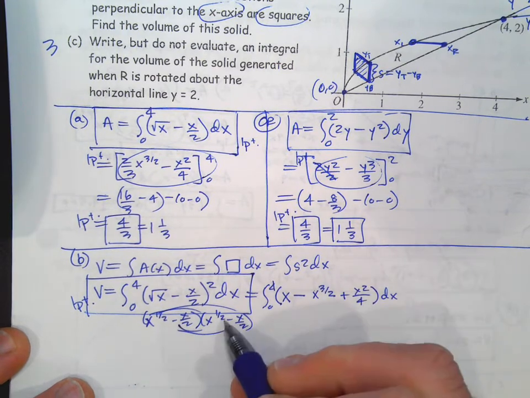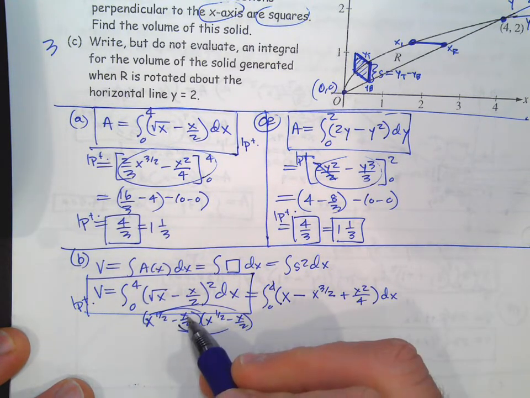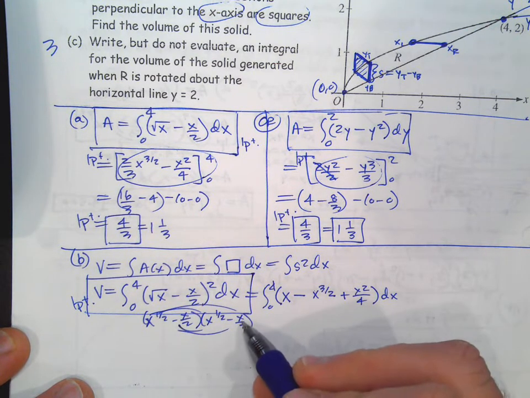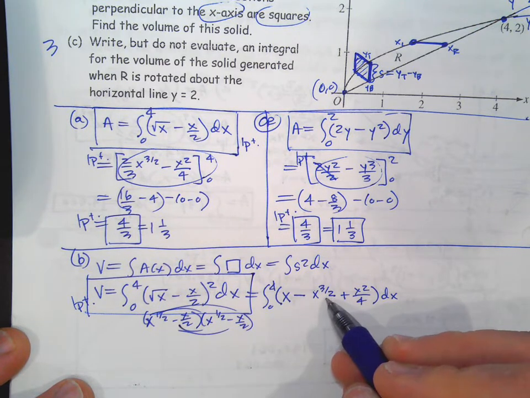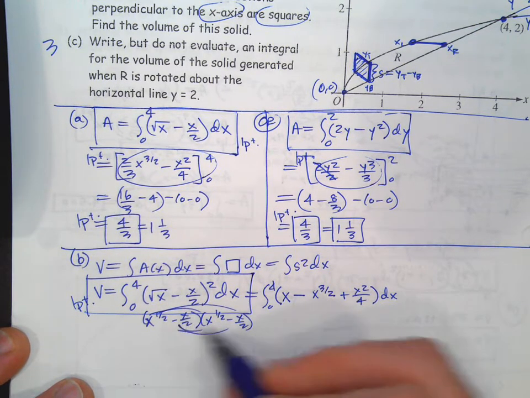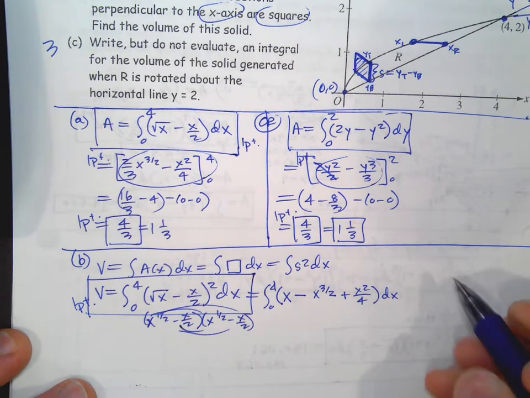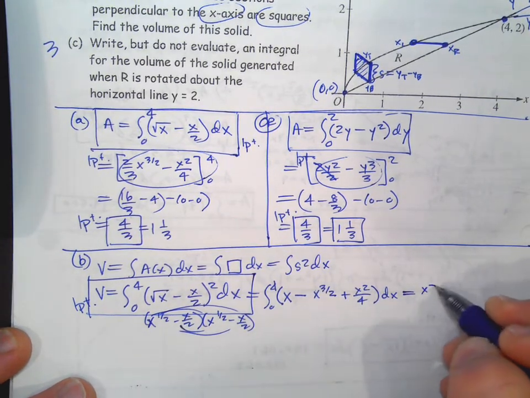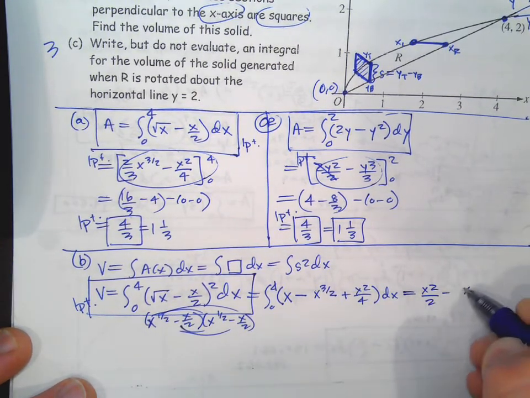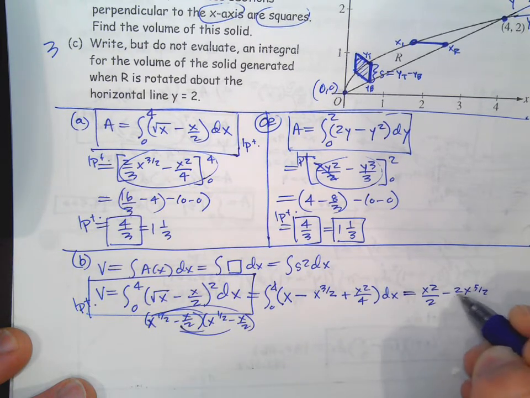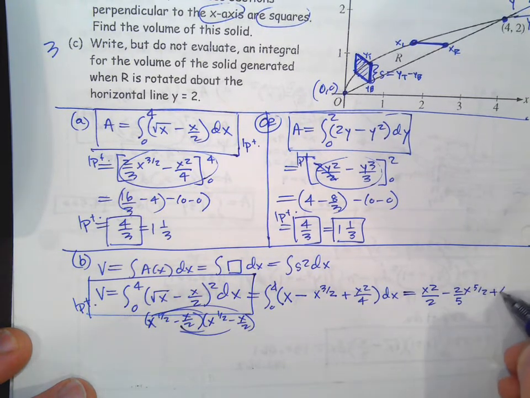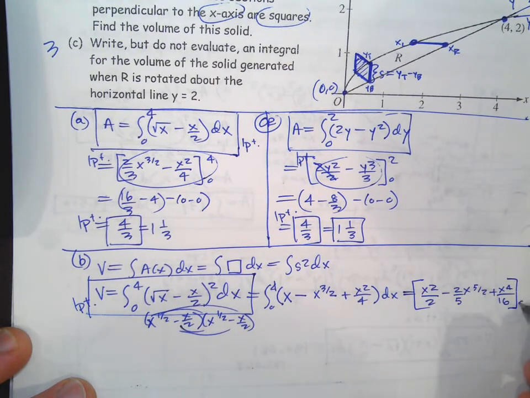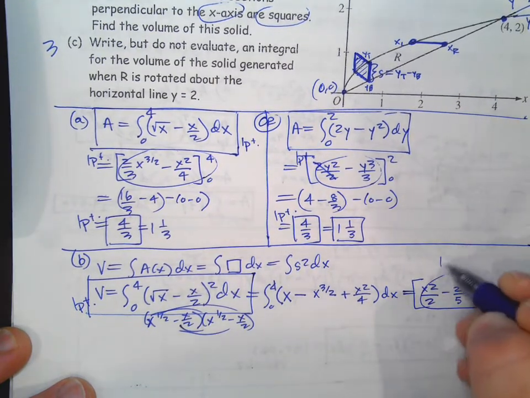So that's x to the first, minus 1/2 x to the 3 halves, minus 1/2 x to the 3 halves. Negative x over 2 times negative x over 2 is positive x squared over 4. So then we get x squared over 2 minus x to the 5 halves divided by the new exponent, multiplied by the reciprocal, plus x to the 4th over 16. So that's a point, your antiderivative.